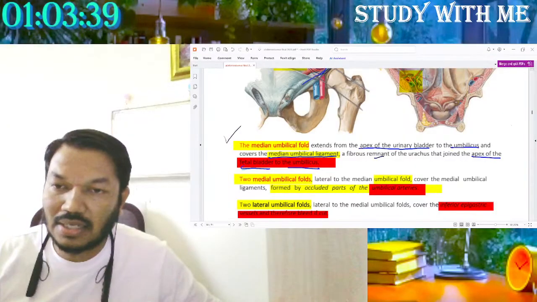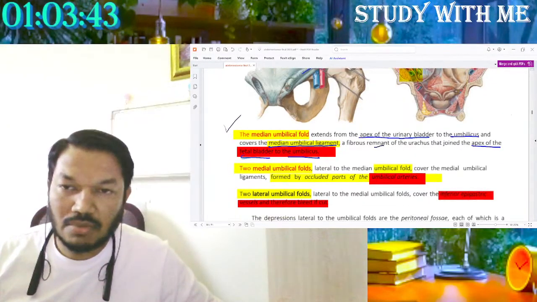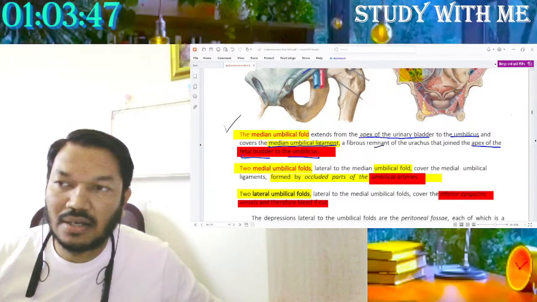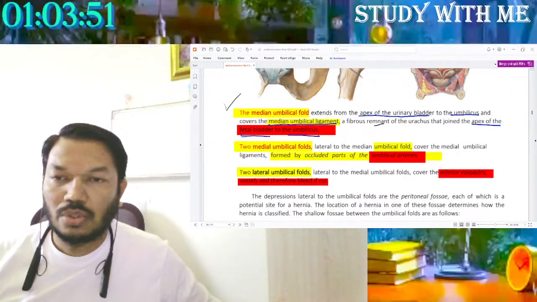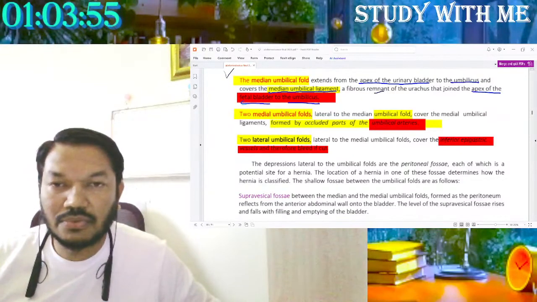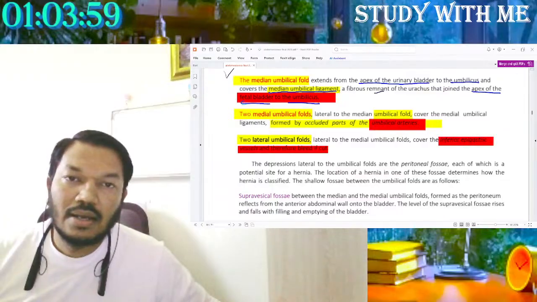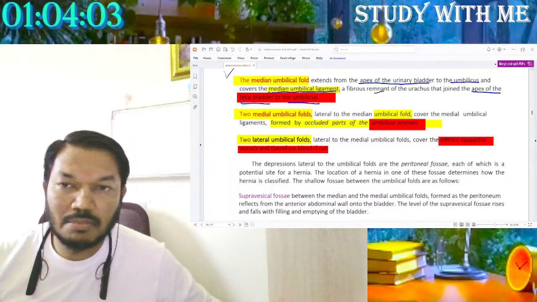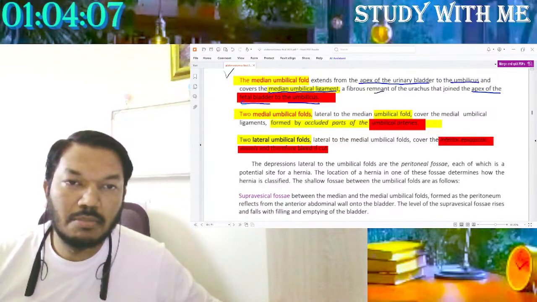Mainly it remains in the intrauterine life. And what does it contain? It covers the median umbilical ligament, and then comes the medial umbilical fold. Medial umbilical fold is lateral to the median umbilical fold and covers the medial umbilical ligament formed by the occluded part of the umbilical arteries.